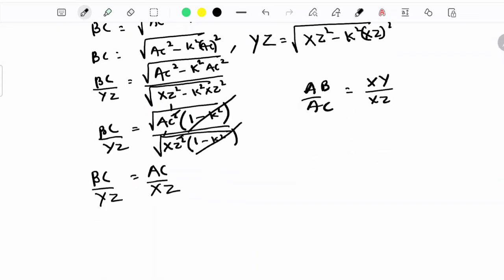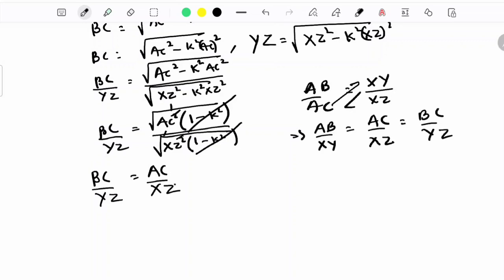And now you can see here we got AB by XY is equal to AC by XZ, and AC by XZ is equal to BC by YZ.